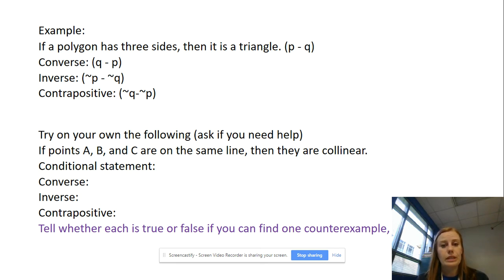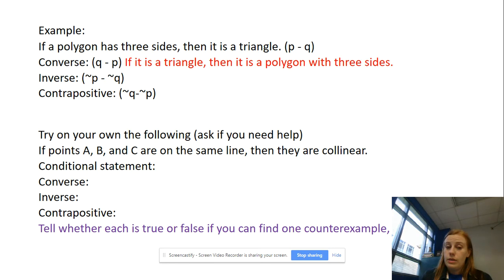So our conclusion is it is a triangle. So let's write the other sentences. The converse. So all I'm doing is swapping the two parts of the sentence. So I'm going to say, if it is a triangle, then it is a polygon with three sides. I hope that makes sense.